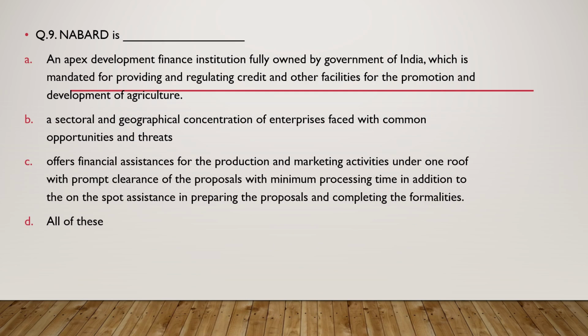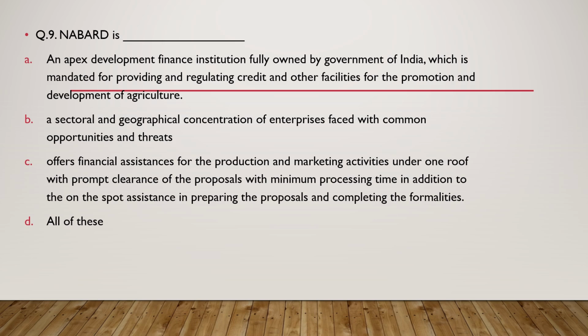An apex development finance institution fully owned by the government of India, which is mandated for providing and regulating credit and other facilities for the promotion and development of agriculture. Second is a sectoral and geographical concentration of enterprises faced with common opportunities and threats.